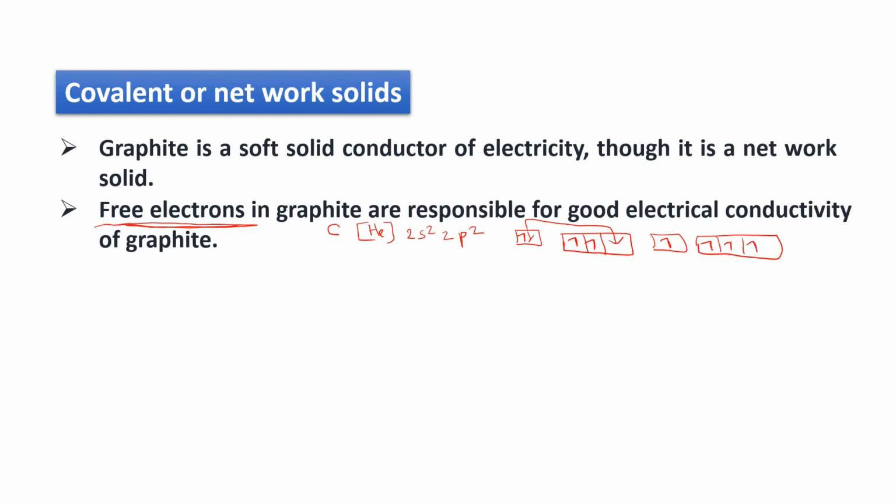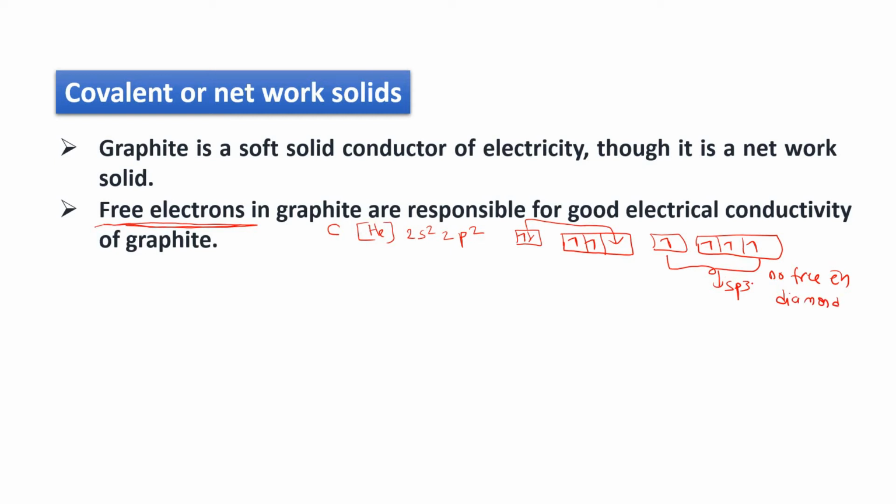Even diamond has the same type of electronic arrangement. But in diamond, all undergo hybridization together to give sp3 hybridization. When they combine together, there are no free electrons. For diamond, there are no free electrons.